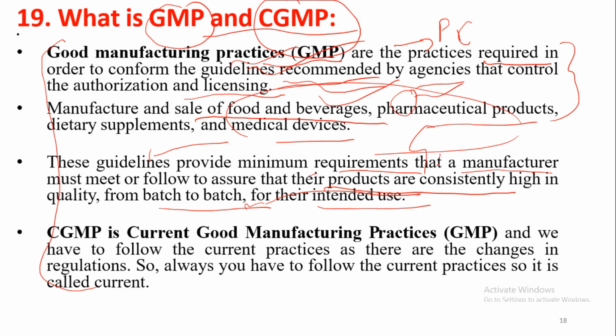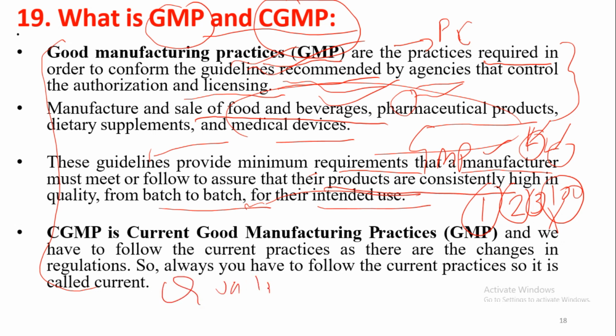So whatever the GMP practices you are doing and whatever the batches you are producing, quality must be there. Either it is batch 1, 2 or 3 or 1000, quality must be there in all of the batches. We cannot compromise with the quality. I have been saying that quality can never be compromised in a pharma company. I have mentioned this in video 1 also. If you have not seen, please go and check.